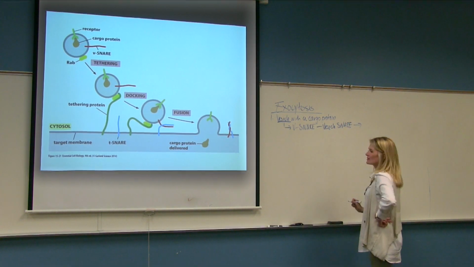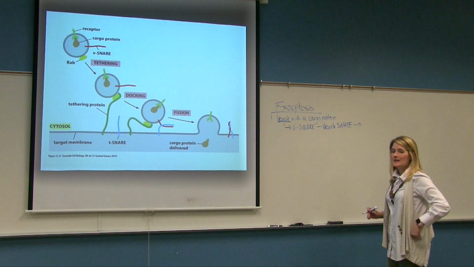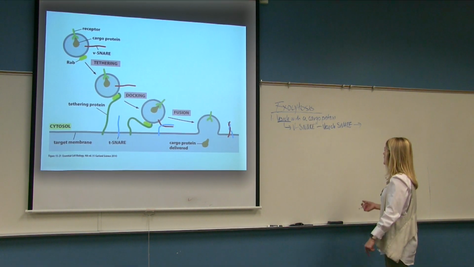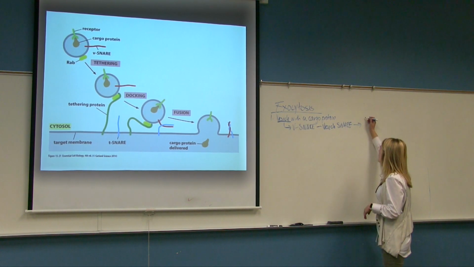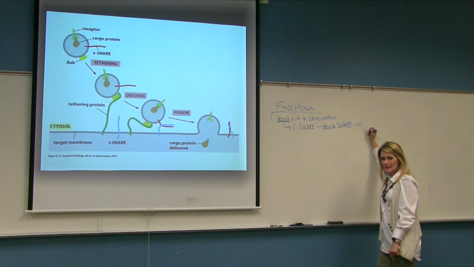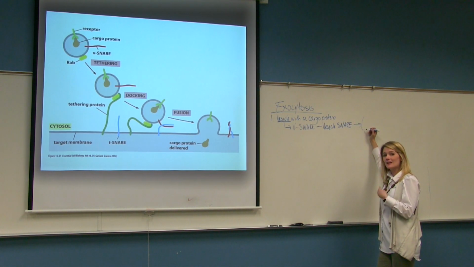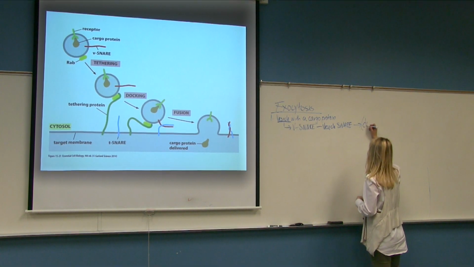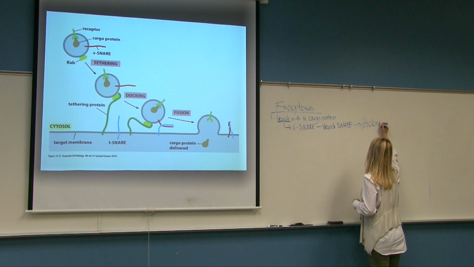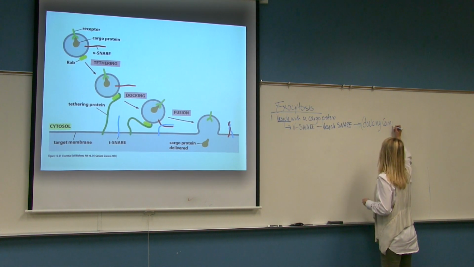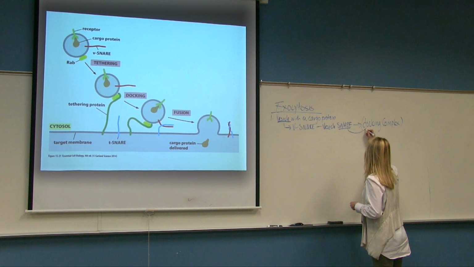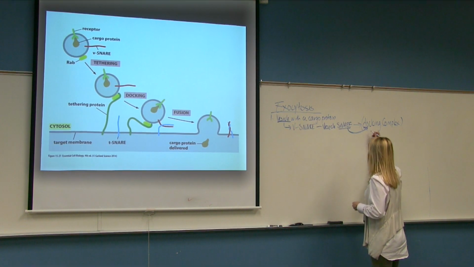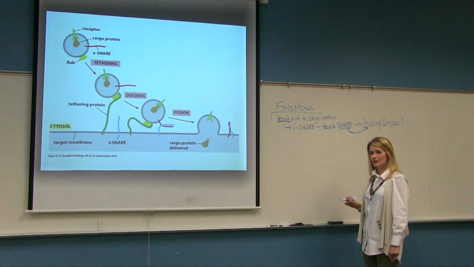Now, let's sidetrack to what snare is. Snare stands for, I'm not going to give you the full length of the actual term, but all I want you to understand about what snare is, it is a docking complex. It is a vesicle docking complex.